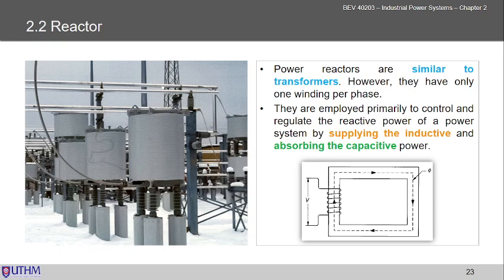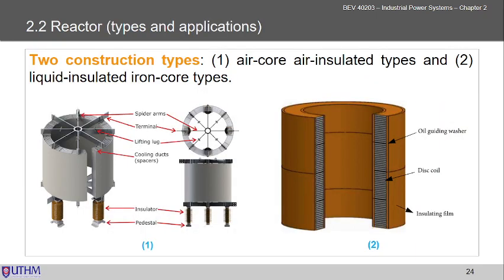When you are going to control the voltage level, you need to supply the Q, and at the same time absorb the capacitive power. Sometimes we also use this as a short circuit current limiter. When we connect the reactor in series, it becomes the short circuit current limiter.